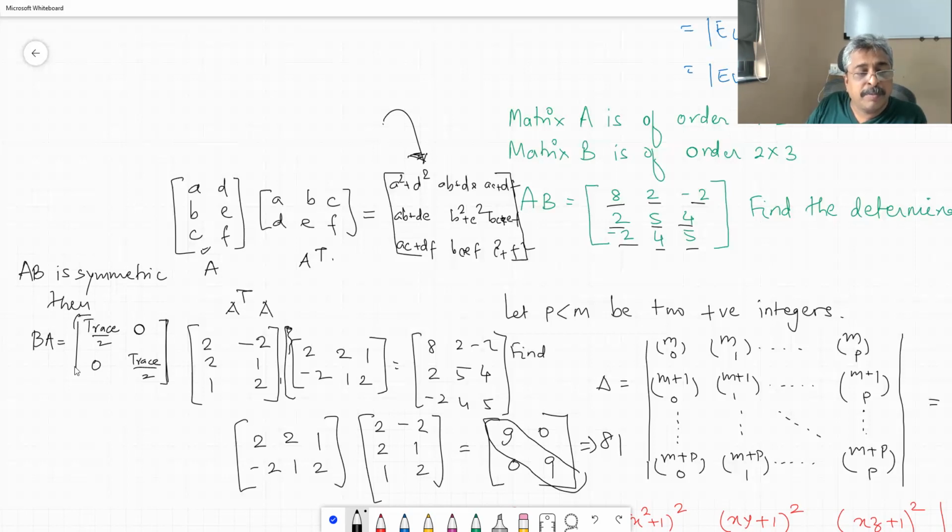This is the matrix that you end up getting. And that is 9 and 9. Total trace is 18 upon 2 is 9 and 9.